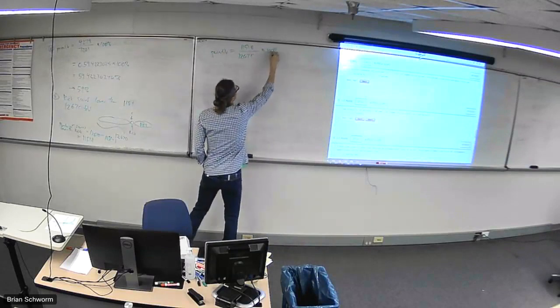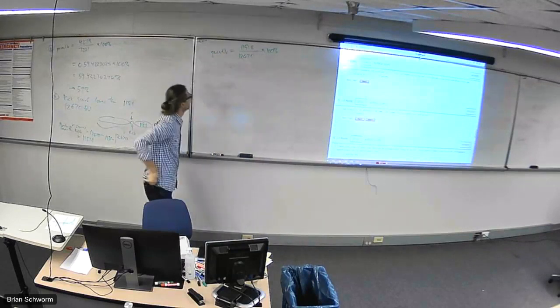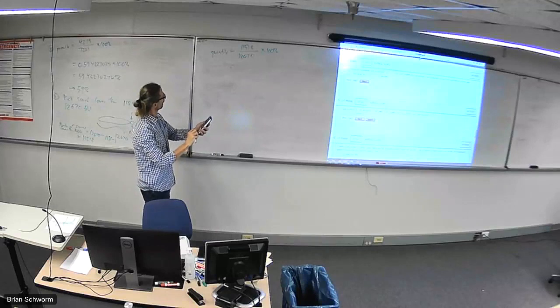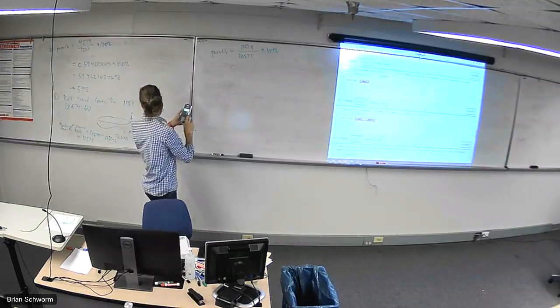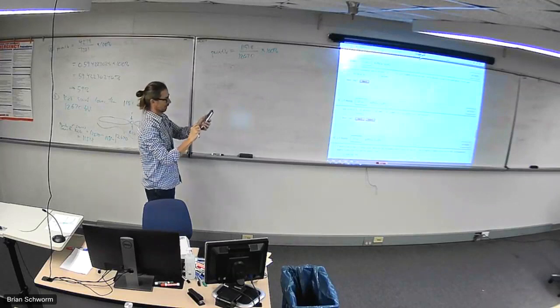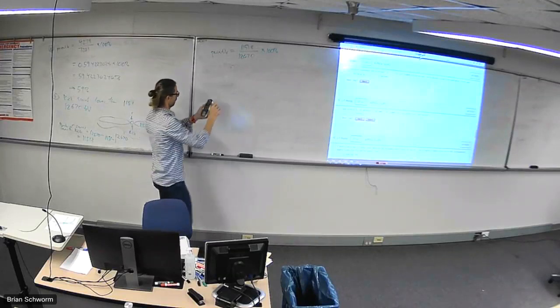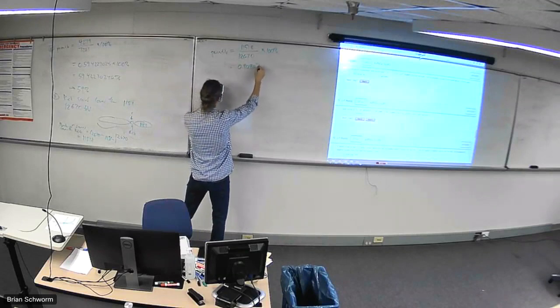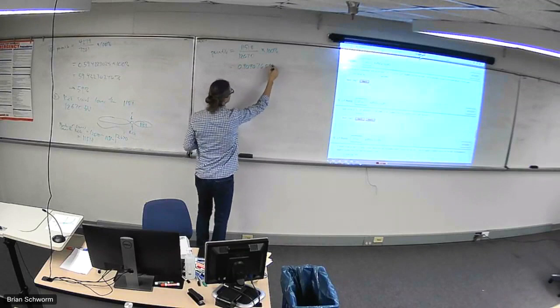Multiply times 100% to make it a percent. First divide these: 0.9090765.